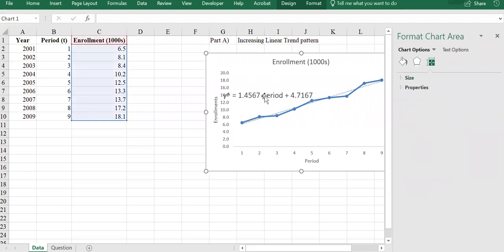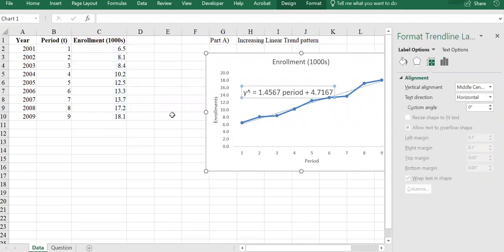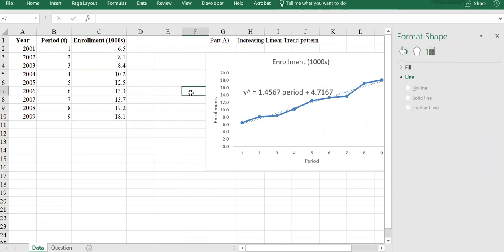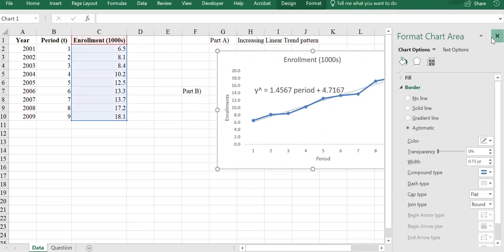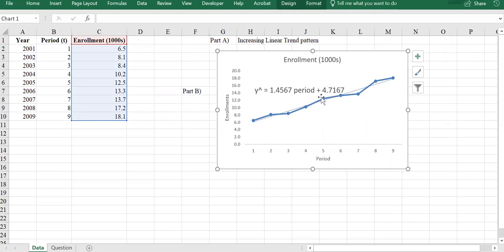That's the equation, and that's also the answer to part B, because we're looking for the equation. So the y-intercept is 4.72 and the slope is 1.46 almost.